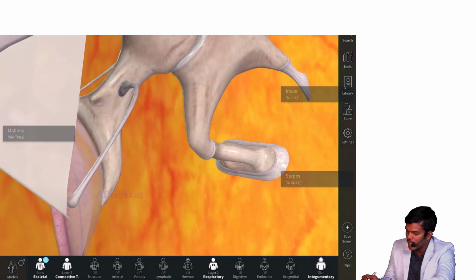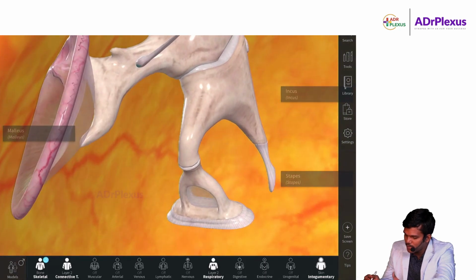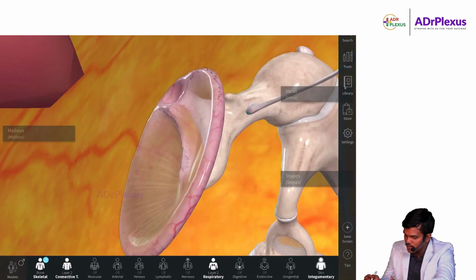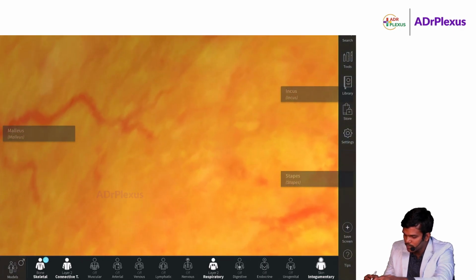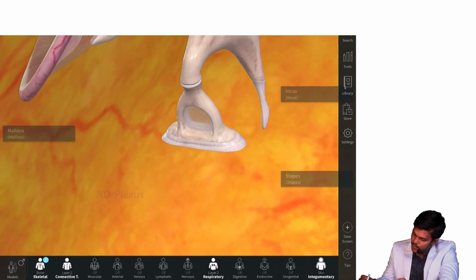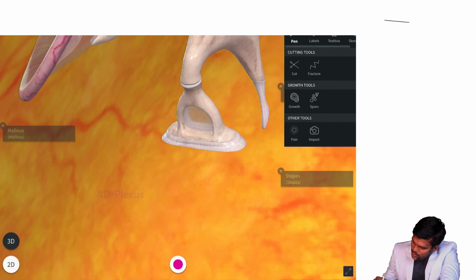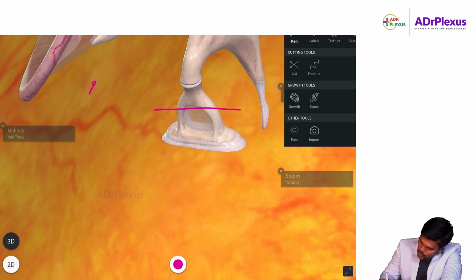See, the stapes is having a foot plate and stapes suprastructure. So this is the stapes suprastructure.